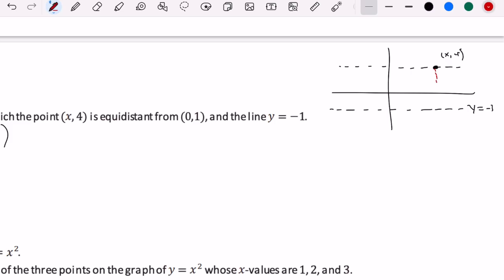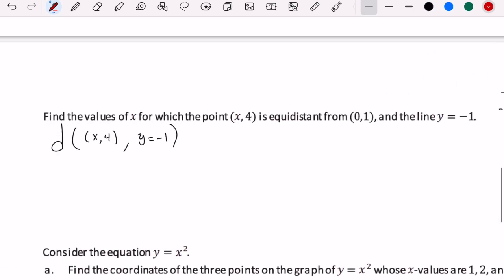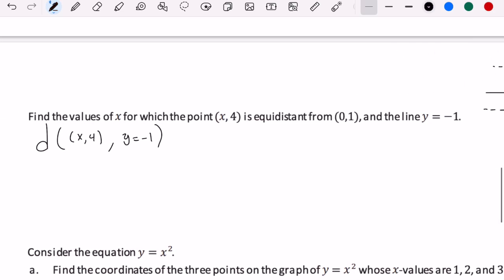So what is the distance between this point, wherever it is, and this line? Well, it is clearly 5, because 4 is the distance from here to the x-axis, and 1 from the x-axis to the line y equals -1. That is the hard part, no? Right, so the distance from the point to the line is 5.